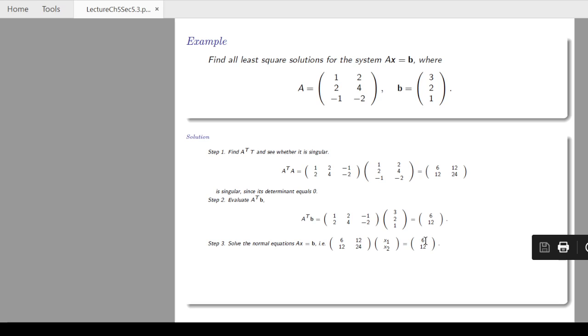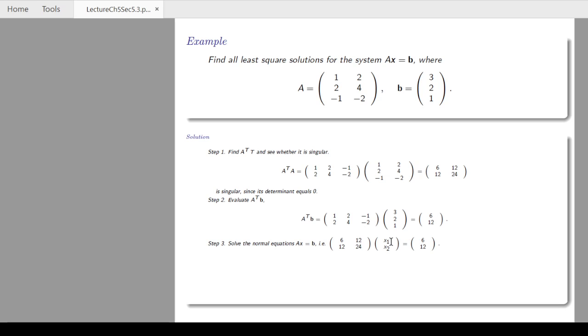For that, we can let x1 equal alpha. Then from there we can find x2 will be equal to (1 minus alpha) divided by 2.